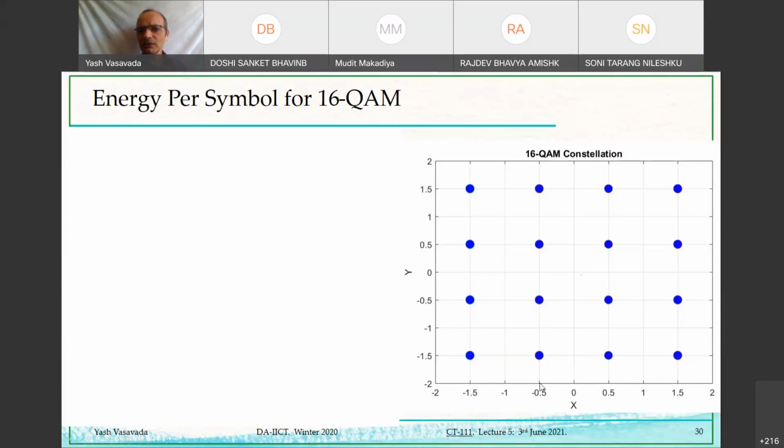Instead of going from -1.5 to 1.5, that engineer would design the same type of constellation with 16 square constellation points, but they will be covering only -0.15 to 0.15. Basically, the whole constellation has been compressed to a much smaller region. And so no wonder the energy per symbol requirement would go down.